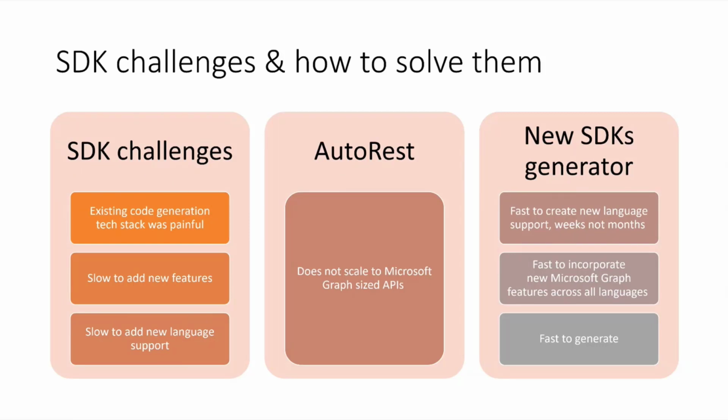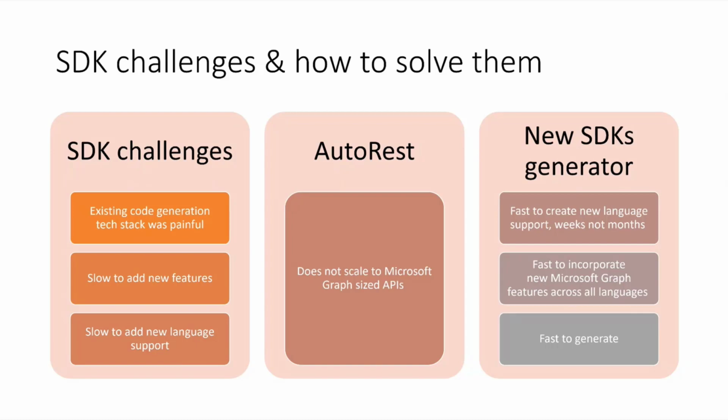We thought Autorest would solve the issues for us, but unfortunately, Autorest did not scale to the size of the Microsoft Graph APIs. So with all these challenges in mind and with the learning that we got with Autorest, we went back to work and decided to create a new SDKs generator with a goal.